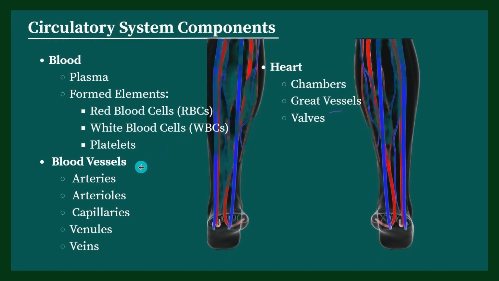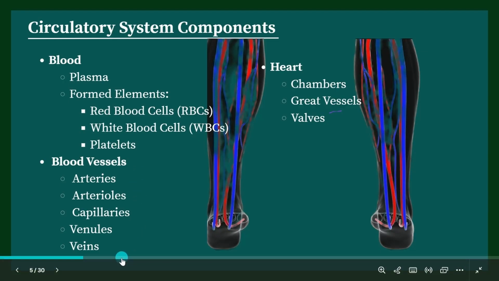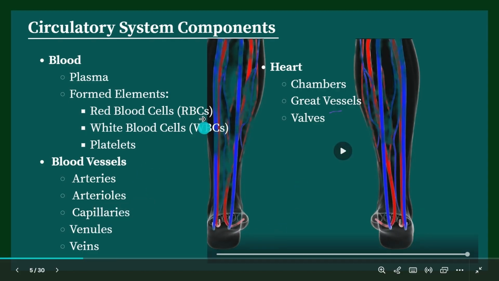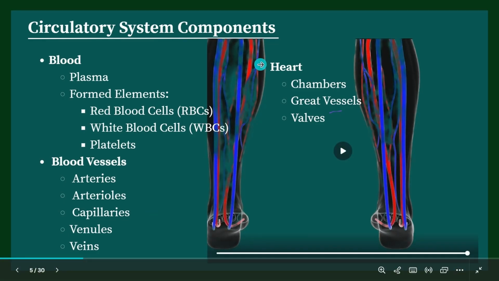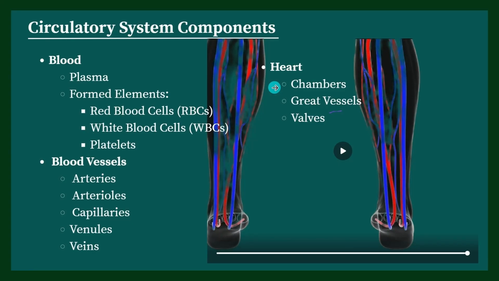And then the blood vessels go from biggest to smallest, and then smallest to biggest again in the circulatory system, going around and around. Arteries, arterioles, capillaries. And then from capillaries, venules to veins, back to the heart. All right. So the heart has its chambers, and it has its big vessels coming in and out, and it has the valves in between each of the chambers.